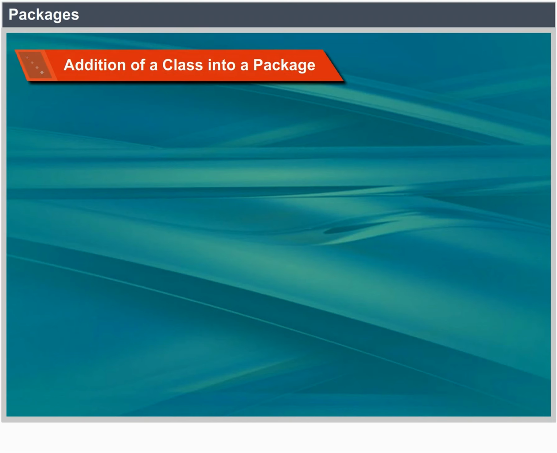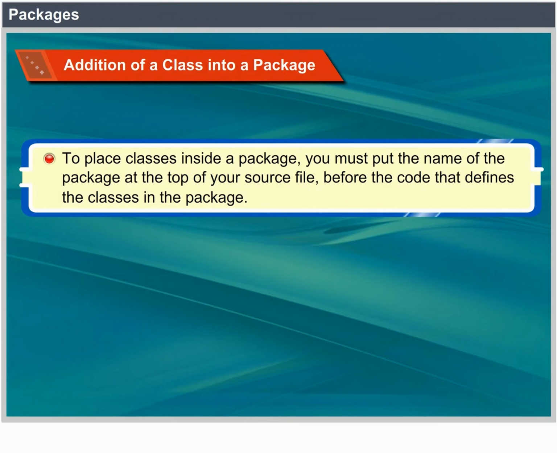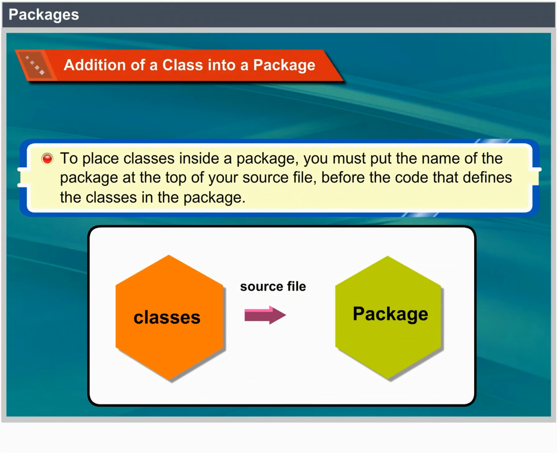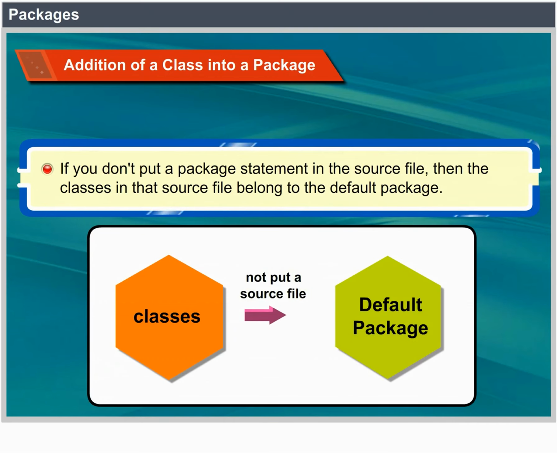Addition of a class into your package. To place classes inside a package, you must put the name of the package at the top of your source file before the code that defines the classes in the package. If you don't put a package statement in the source file, then the classes in that source file belong to the default package.